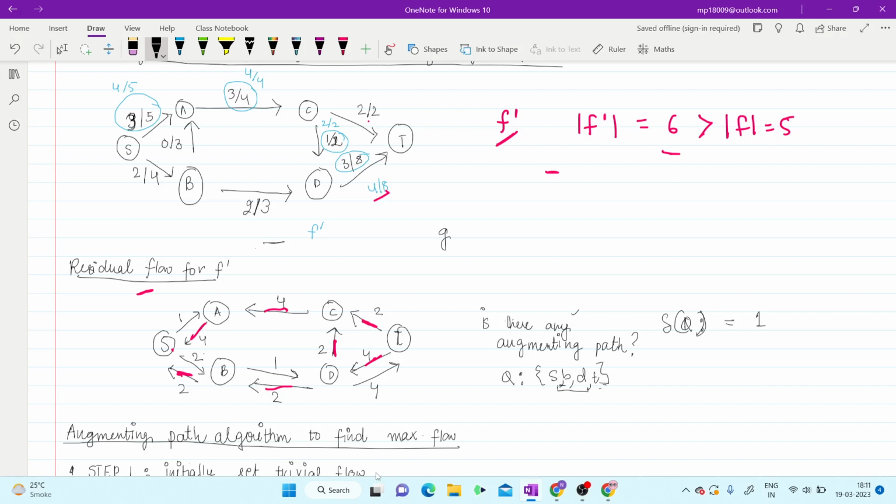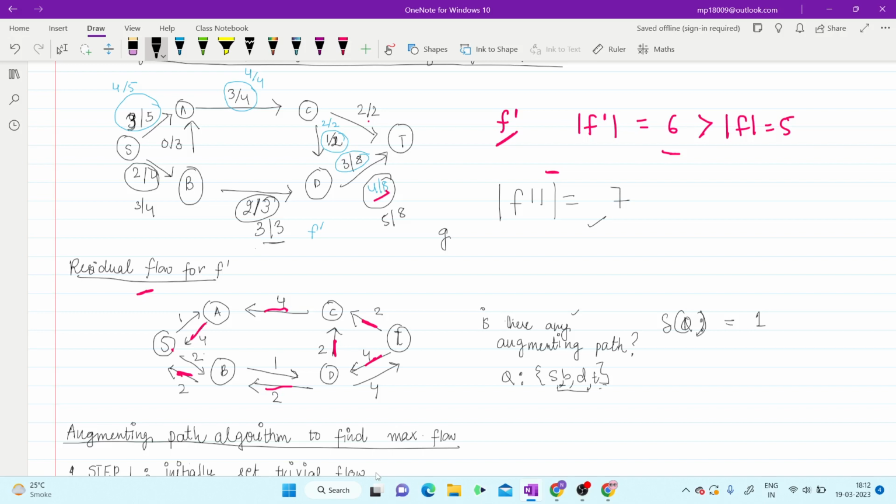Yes, S to B. Here in this example also we are getting all forward edges, so we just add the path capacity to each of them. So this will be 3 out of 4, this will be 3 out of 3, and this will be 5 out of 8. And now the new flow value will be 5 plus 2, 7.